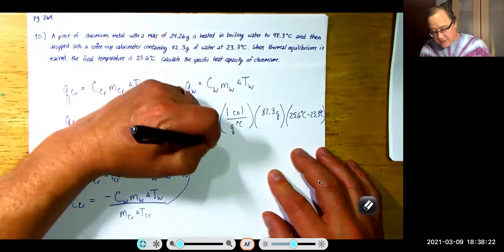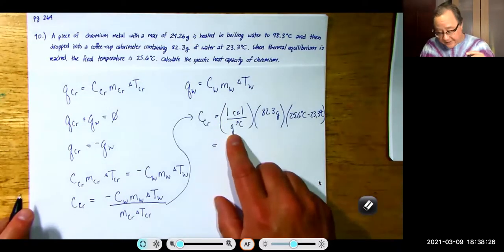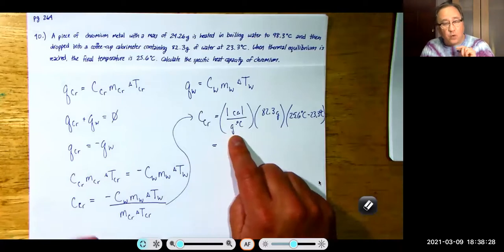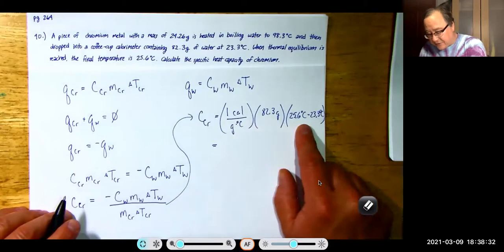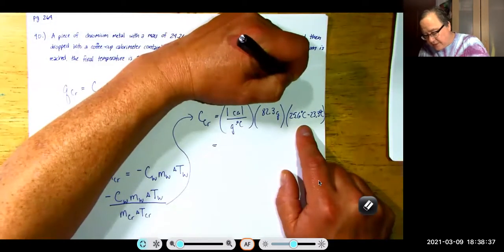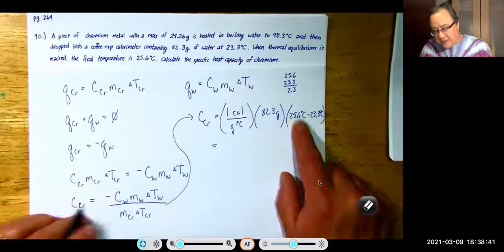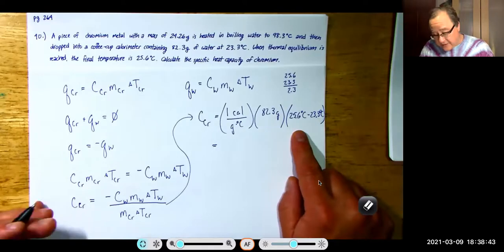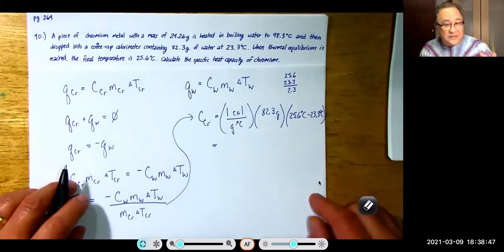And then we subtract the initial, which is 23.3 degrees Celsius. So if I do the work here carefully, this has infinite number of significant figures because that is defined for water. This has 3 sig figs, and let's look at this difference. 25.6 minus 23.3. We get a 3 here and a 2 here. So we only get 2.3 degrees here with 2 sig figs because both the initial numbers are good to the 10th.